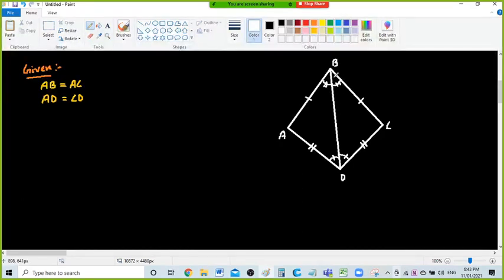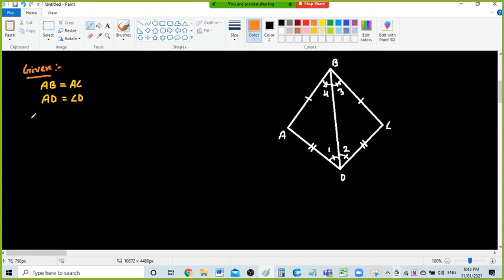Then only you can consider that BD is a bisector of angle ABC as well as angle ADC. So in order to ease your task, you can name them 1, 2, 3 and 4.